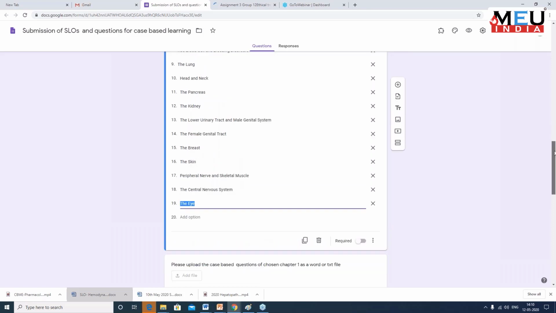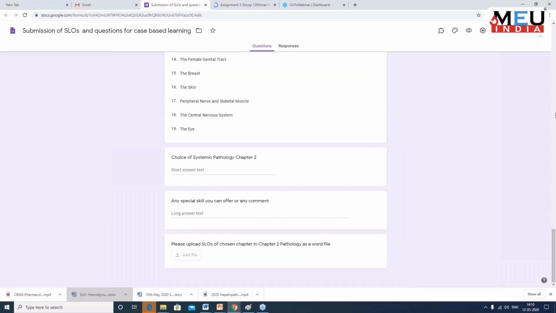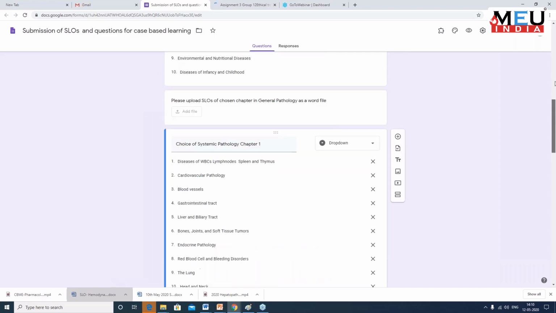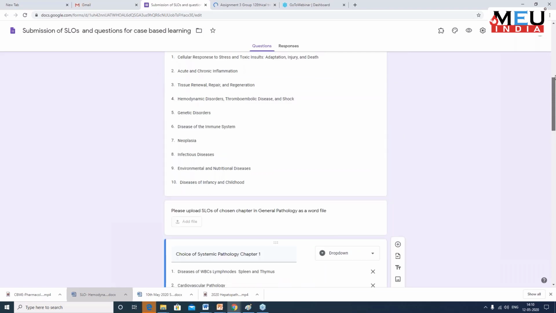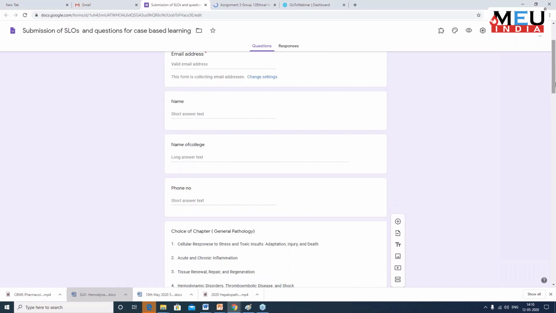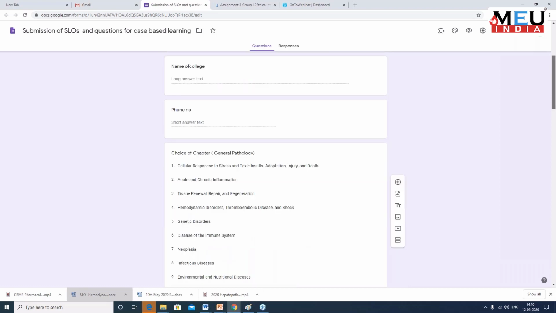I haven't sent it. I have just created this form so far, and there are some editing still left. But this way, all the SLOs will be compiled in the form of a Word file. Different people have written the names of chapters differently.